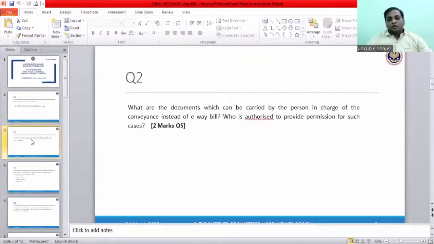Question number 2. What are the documents which can be carried by the person in charge of the conveyance instead of the e-way bill, and who is authorized to provide the permission for such a case?